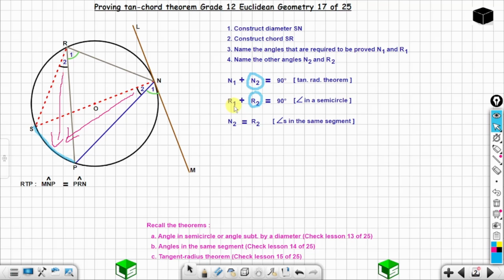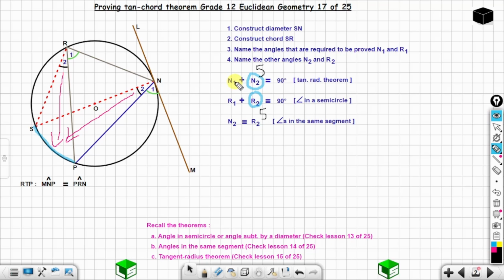Let me show you. For example, if N2 is equal to 5, because N2 is equal to R2, it means R2 is equal to 5 as well. This is an example. So what is N1 equal to?